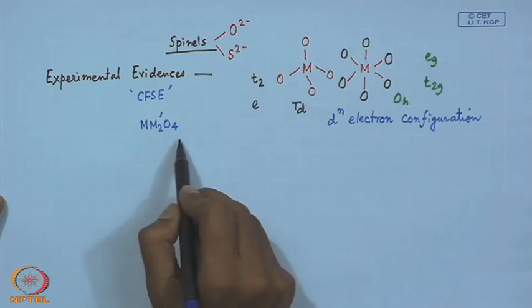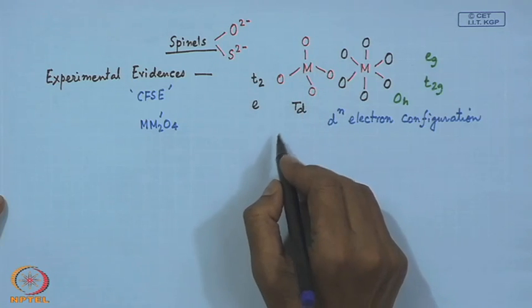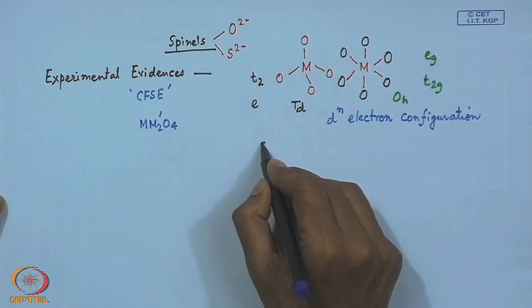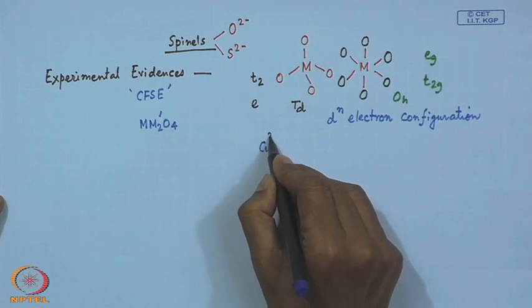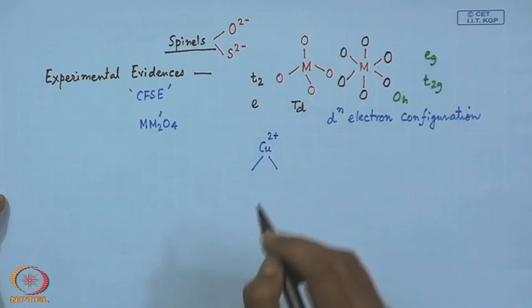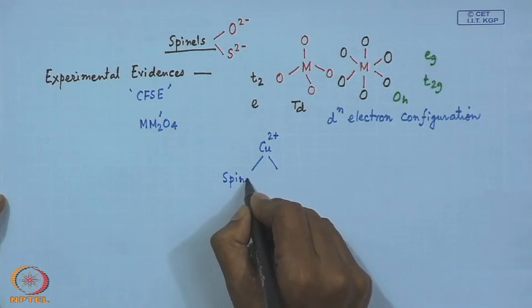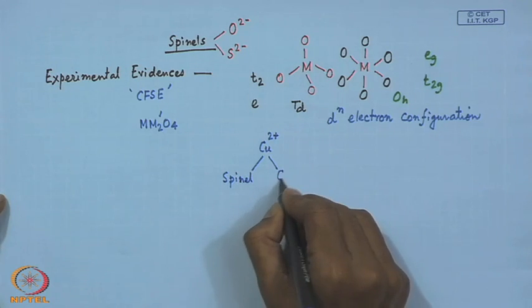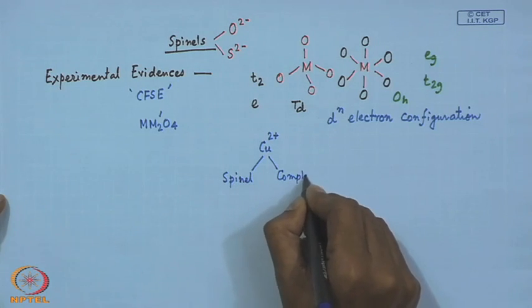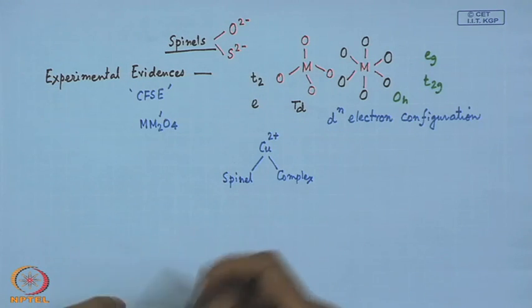So, we find how many unpaired electrons are present. As we know, if it is a copper based spinel, copper 2 plus based, it can be a spinel or it can be a simple complex such as copper tetraammine complex or copper hexaaqua complex.